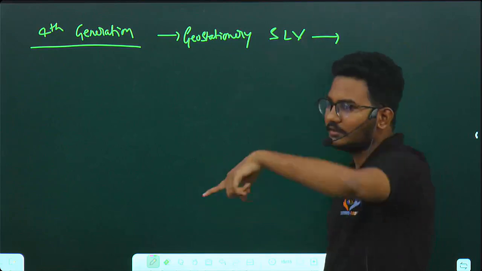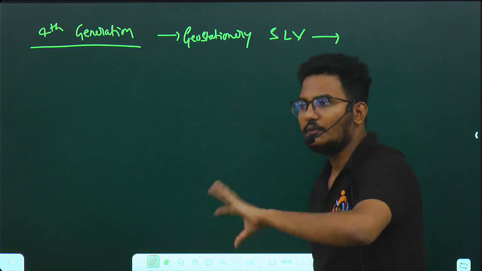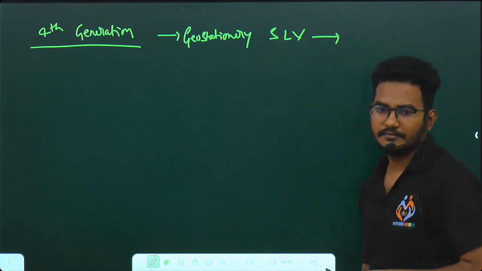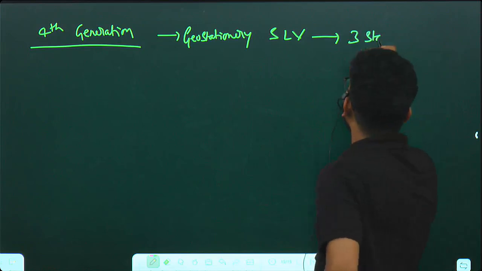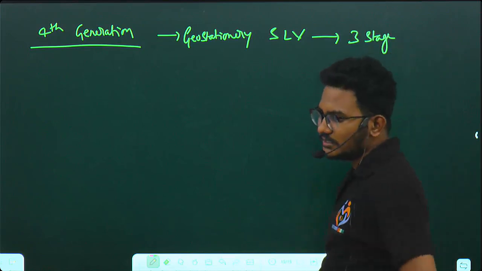On the other side, we want to decrease the weight of the launching vehicle. So to decrease the weight, we came from 4 stages to 3 stages.